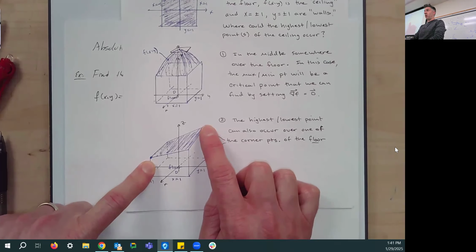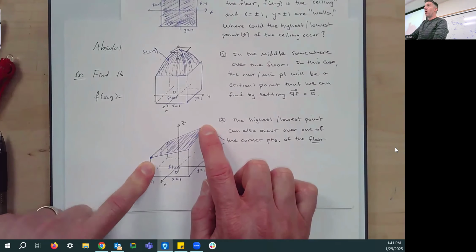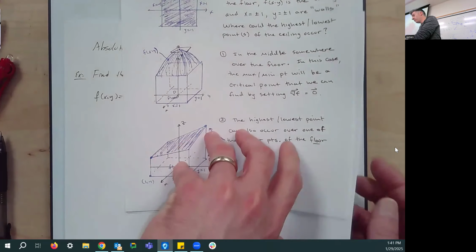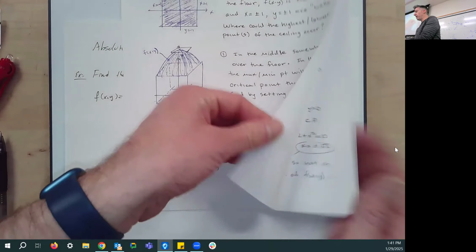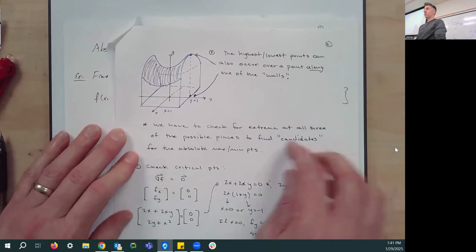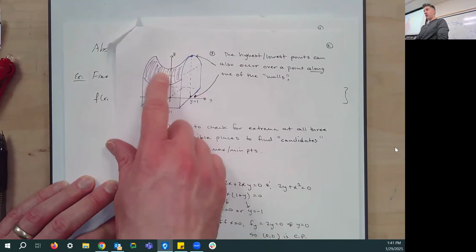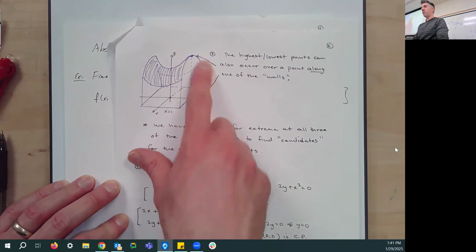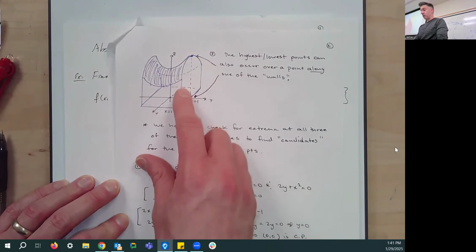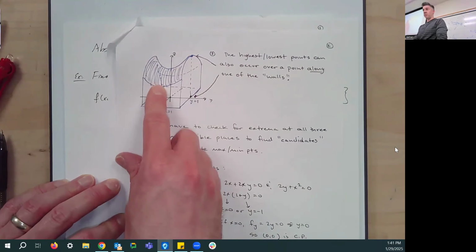So the corners are also potential candidates for where we have an absolute maximum or minimum. Or your surface could look like this, where you don't have a maximum or a minimum in the middle, but in the middle of one of the edges or boundaries, you do have an absolute maximum. And in the middle of this boundary, you have an absolute minimum.